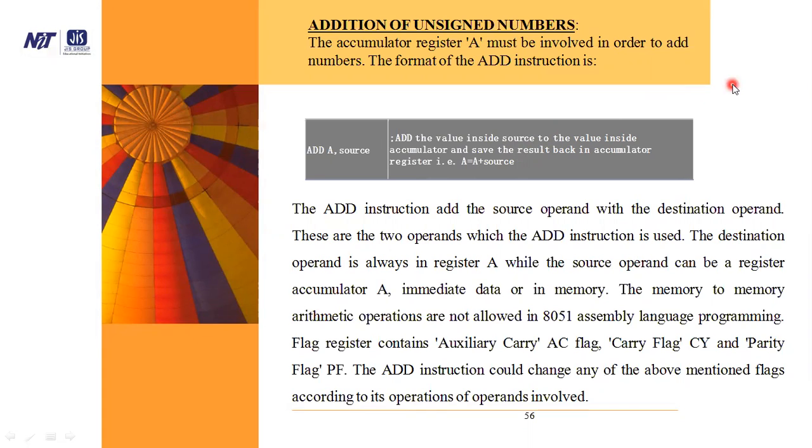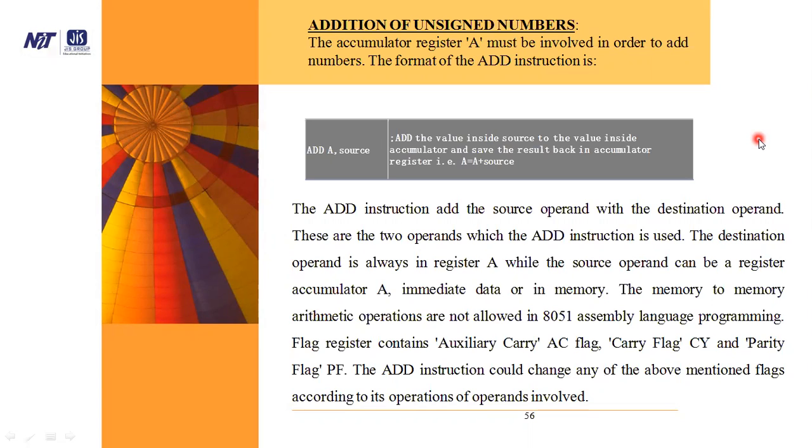The ADD instruction adds the source operand to the destination operand. These are the two operands the ADD instruction uses. The destination operand is always in register A, while the source operand can be a register, immediate data, or in memory.